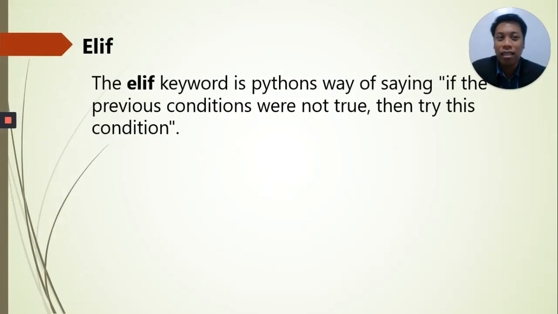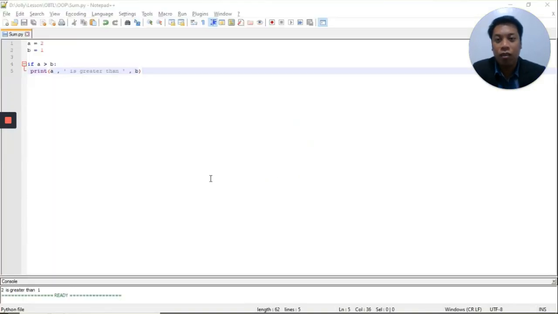It's not else if. Like in other programming languages, where we use else if, in Python, we use elif. This keyword is used in a way, it is saying, if the previous conditions were not true, then try this condition. Okay? Now, let's try it.